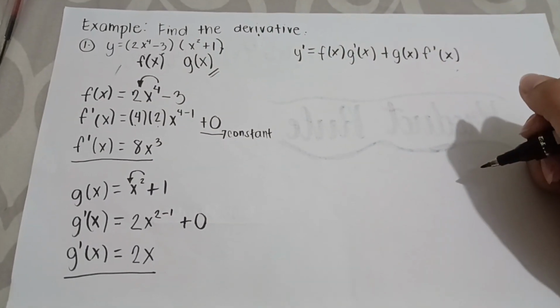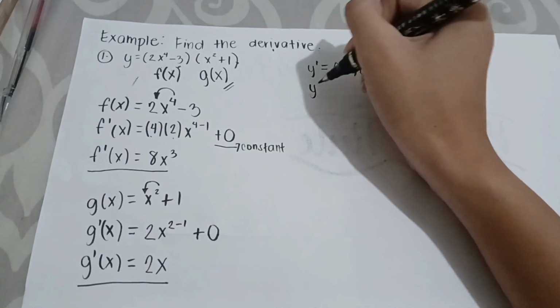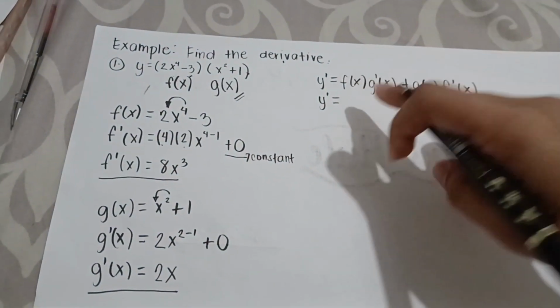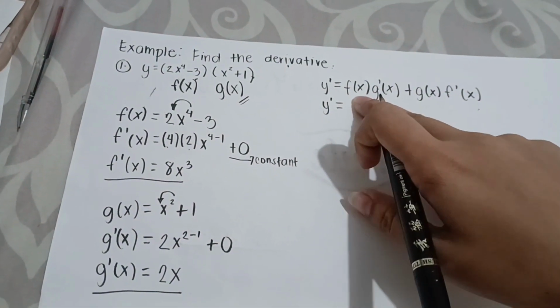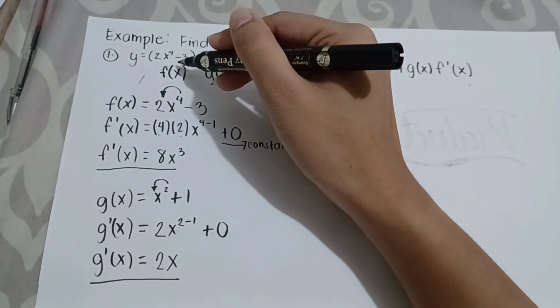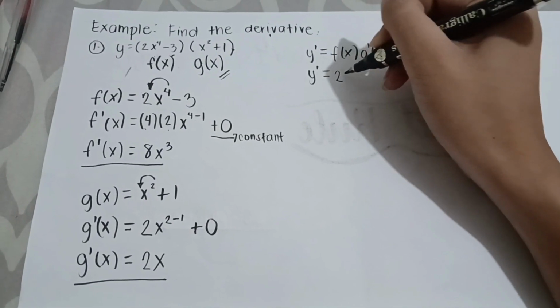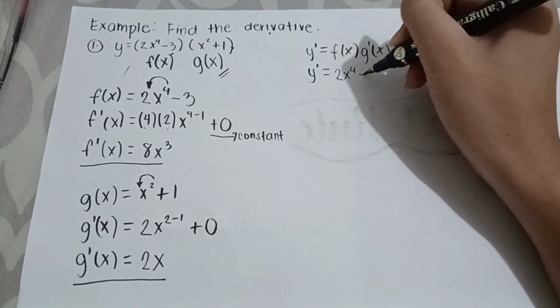Then let's substitute. The value of our f of x is 2x to the power of 4 minus 3, so let's put it here: 2x to the power of 4 minus 3.